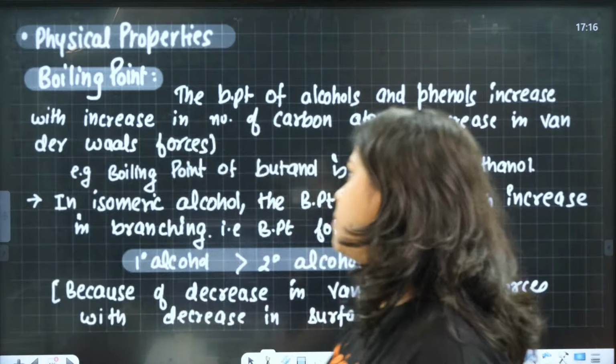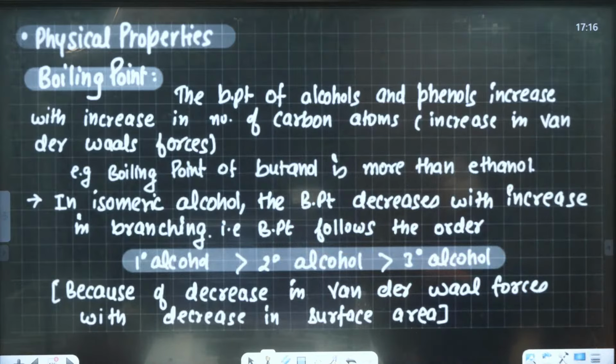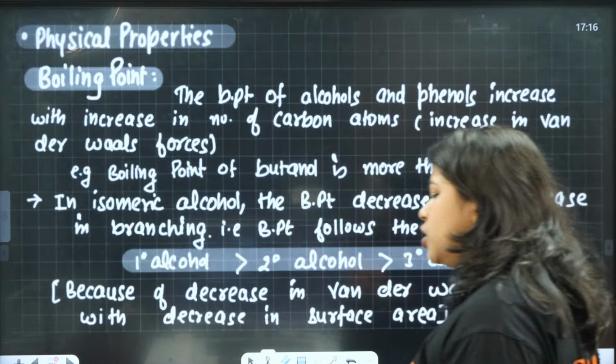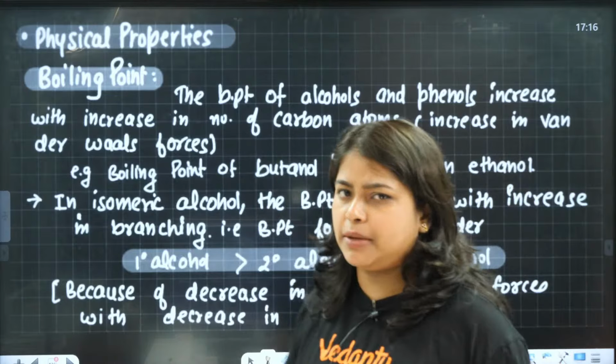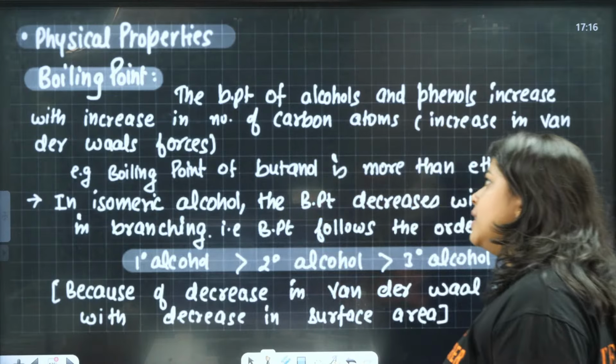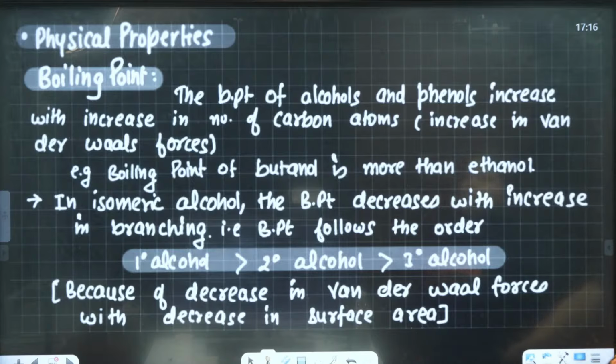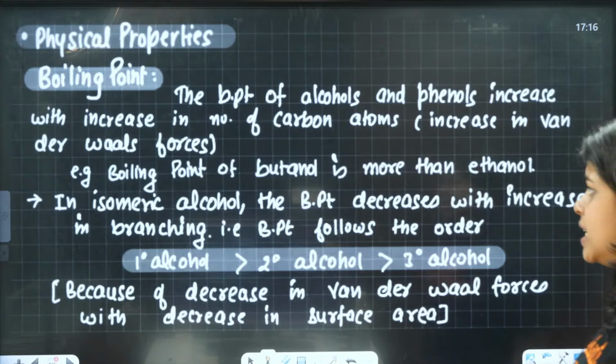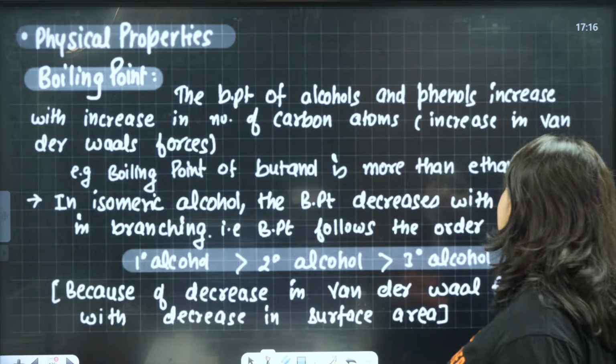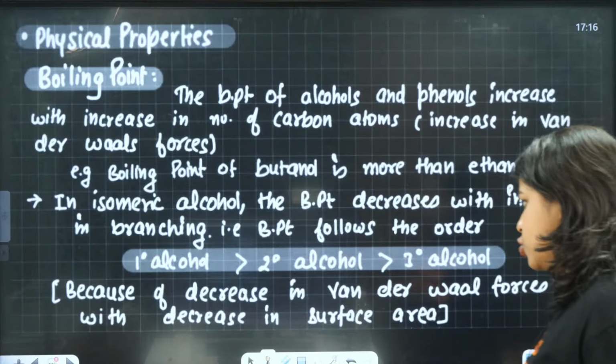Okay, physical properties, that is boiling point. What happens to the boiling point of alcohol? You people know actually. Okay, you know the boiling point of alcohol, right? That is, the boiling point of alcohols and phenols increases with increase in the number of carbon atoms, and if carbon is increasing, the van der Waals forces also increase.